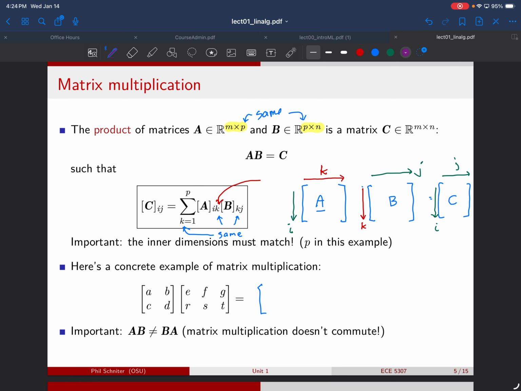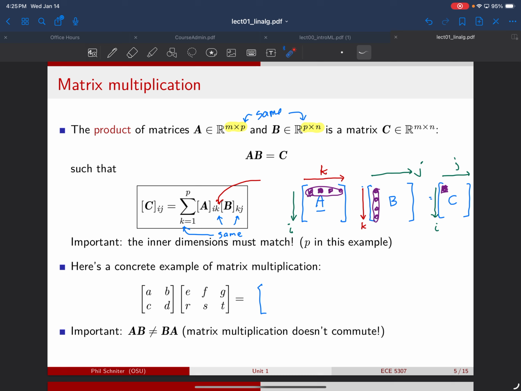And what we're doing is we're taking, to get the top left element of C, the top left of A times the top left of B plus the next along that row of A times this one, and the next one times this one, and so on. So we're basically doing those multiplications, and then we're summing all of them up, and that gets stored here.